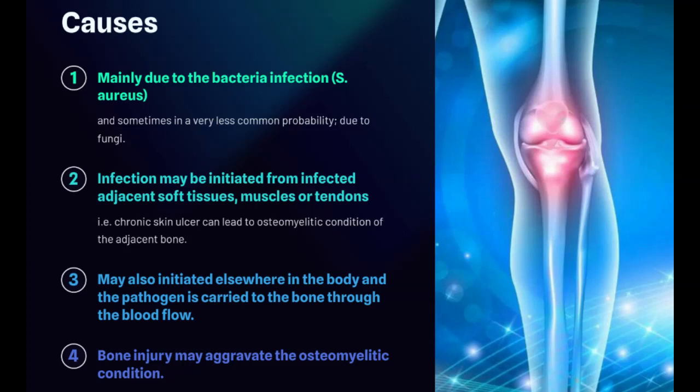Furthermore, bone injury, including fractures, puncture wounds, or surgical procedures, may serve as predisposing factors for osteomyelitis development. Trauma-induced disruption of the skin and underlying tissues creates an entry point for pathogens, exacerbating the inflammatory milieu within the bone microenvironment. By elucidating the diverse spectrum of osteomyelitis causes, clinicians can adopt a nuanced approach to diagnosis, treatment, and prevention, tailored to the specific etiological factors at play in each patient's clinical scenario.